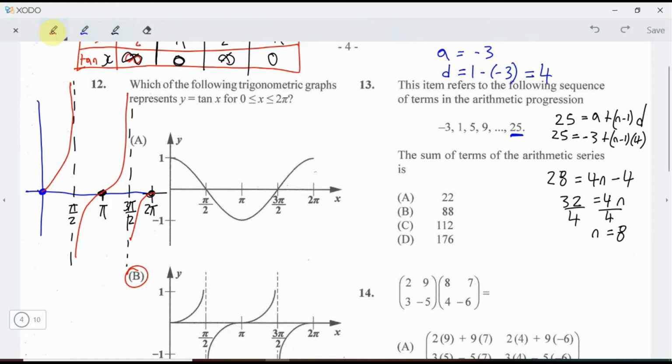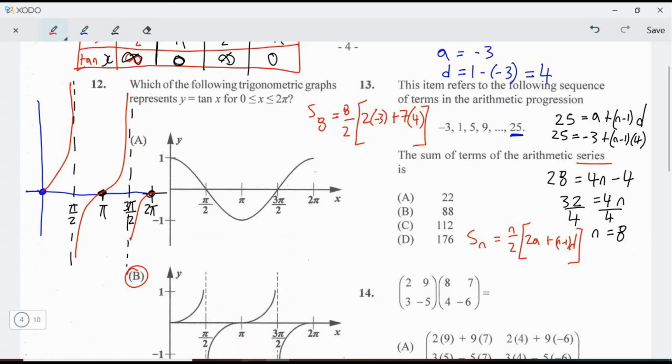Now that we know there are 8 terms, they want the sum of the terms in the arithmetic series. Remember the formula, Sn is n over 2 in brackets 2a plus n minus 1 times d. That's the formula to remember. So S8 is equal to 8 over 2 in brackets 2 times negative 3 plus n minus 1, where n is 8, so 8 minus 1 is 7, times the common difference, which was 4.